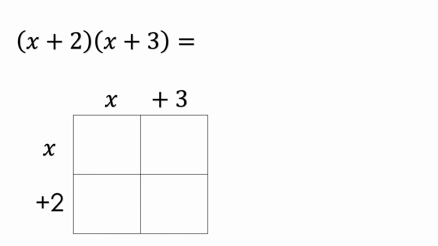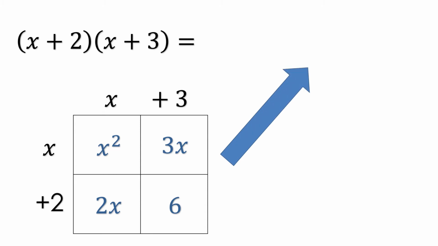And then we'll write the second factor on the top of our box. And we're going to find the area of each of these pieces. X times x is x squared, x times 3 is 3x, 2 times x is 2x, and 2 times 3 is 6.